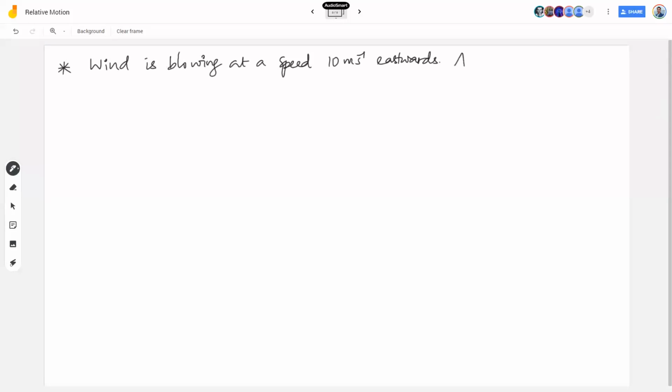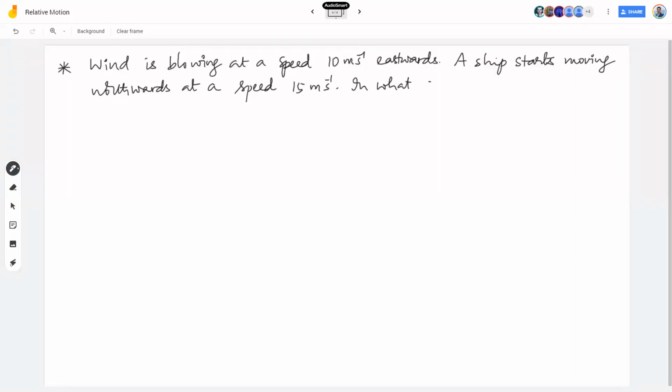A ship starts moving northwards at a speed of 15 meters per second. In what direction? I think this is the question.